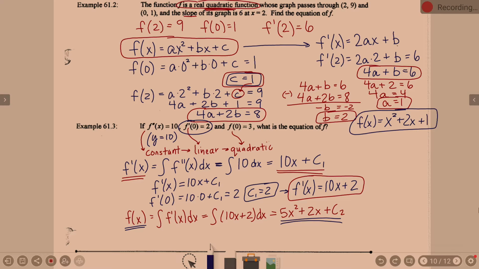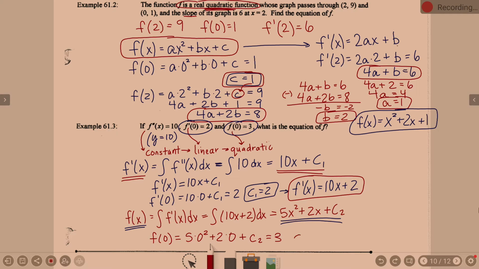Notice we're finding it to be quadratic. That's what we expected, right? So, were we given some information? f of 0 is 3. So use that information. I'm going to go 5 times 0 squared plus 2 times 0 plus C2, and that equals 3.